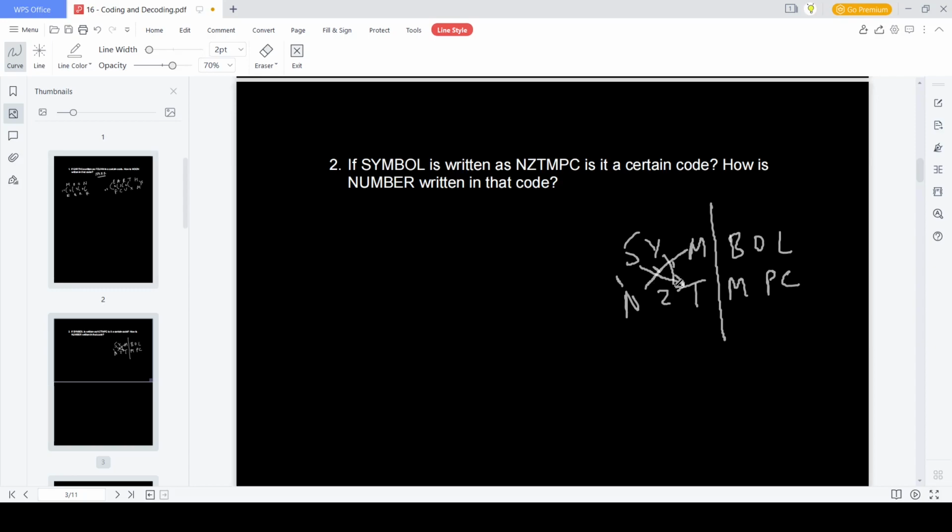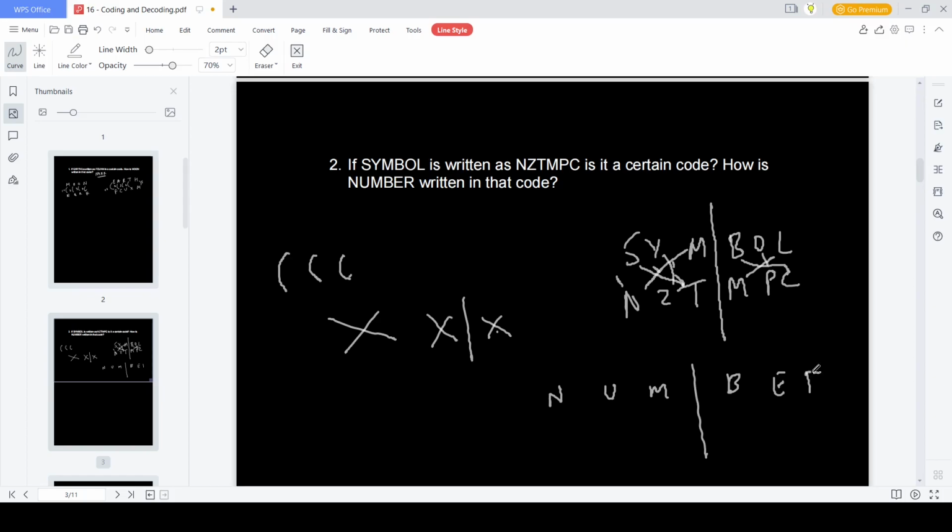Okay, I know it's very difficult to see all this, but these are very few standard questions, where either you have to check the forward jump of one each, or you have to check the cross jump, or you have to divide in half and then check the cross jumps. Here again there's a cross jump here, here, and here. So number will be written as NUM, and then there'll be a half VER.